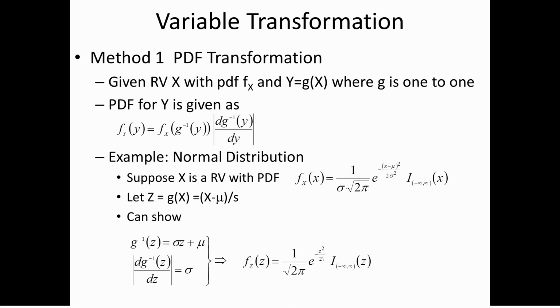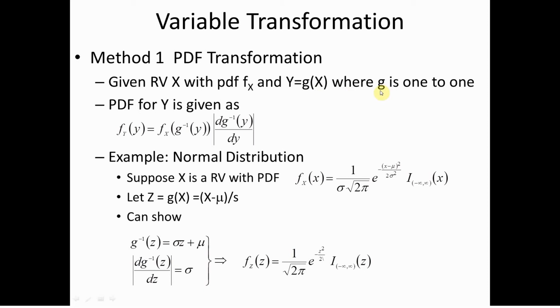Now there are two things that are really important. We often want to transform a PDF because instead of the variable we have some function of a variable. And there are two different ways we can do this. So I want to show you how. The first is where we directly transform the PDF. So if X is a random variable, its PDF is f sub capital X. And we now have a function of the random variable, which is a new random variable Y, where this function g is 1 to 1.